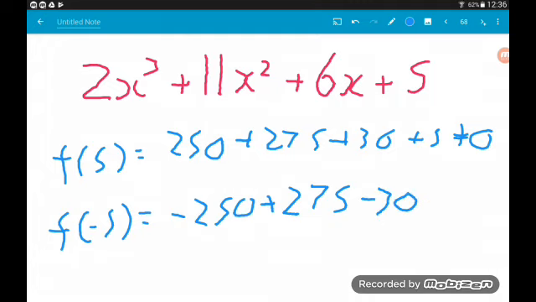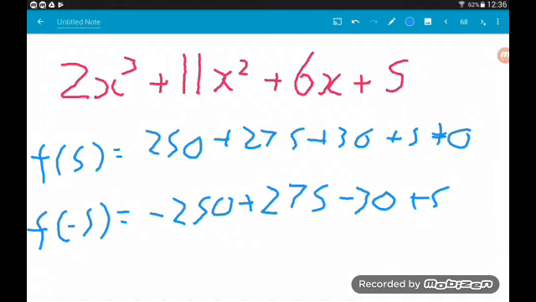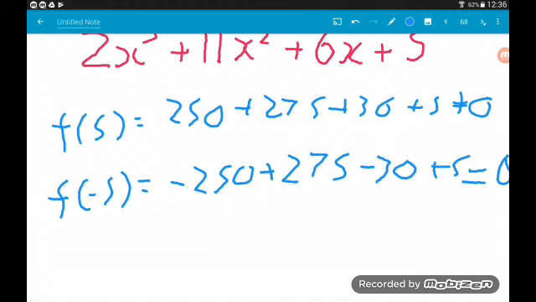And then we got plus 5. So, minus 250 add 275 is positive 25. Minus 30 is minus 5. Plus 5, it does indeed equal 0. So, this tells us then x plus 5 is a factor.